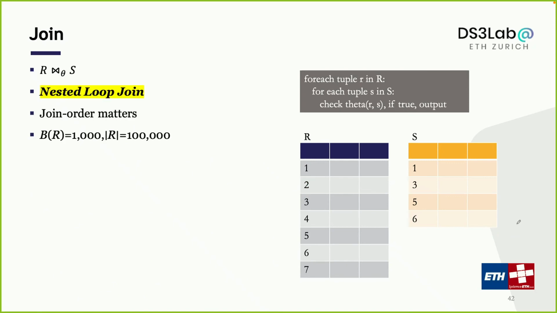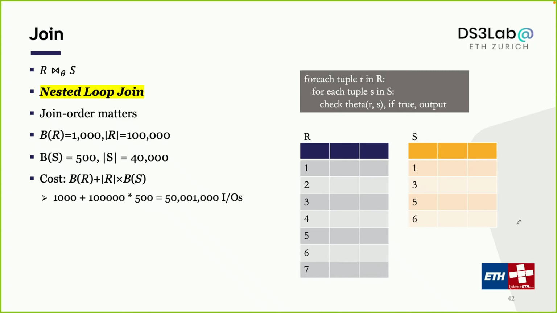So just to put this into context, assume your relation R has 1,000 pages with 100,000 tuples. Your S has 500 pages with 40,000 tuples, for example. This is the number of IOs you need for each of these strategies.